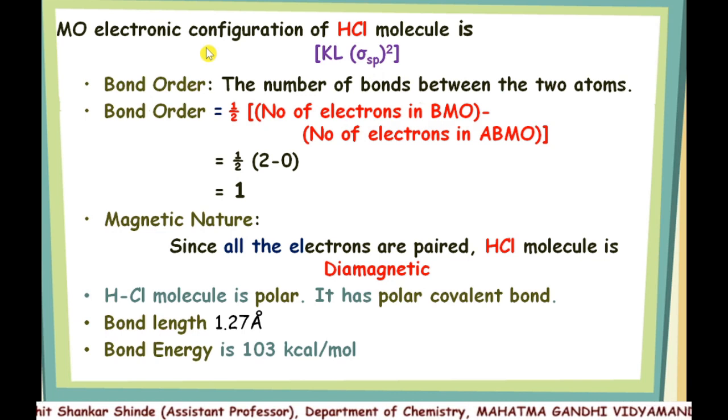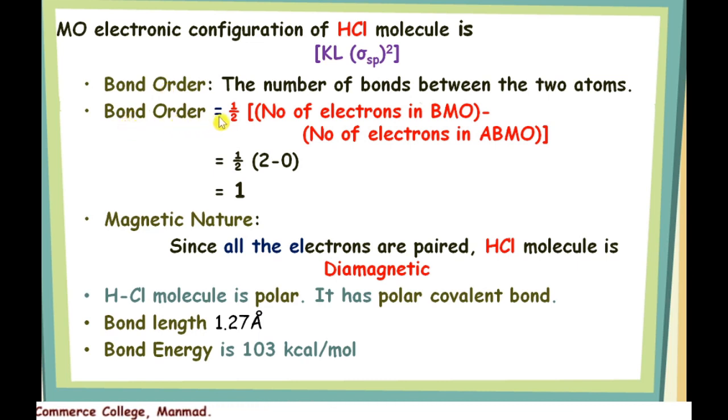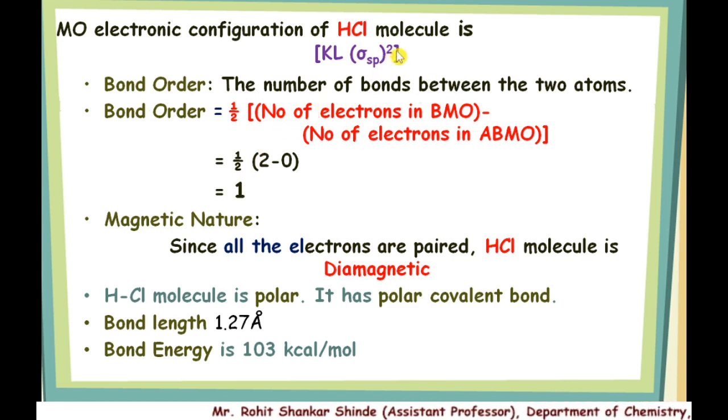Now we can easily calculate the bond order. Bond order can be defined as the number of bonds between the two atoms. It can be calculated by using the formula 1/2 in bracket number of electrons in BMO minus number of electrons in ABMO. So 1/2 in bracket, now calculate number of electrons in BMO, that is 2.